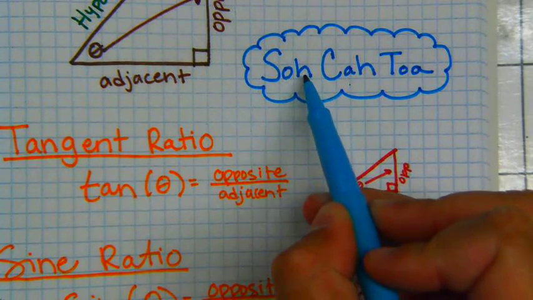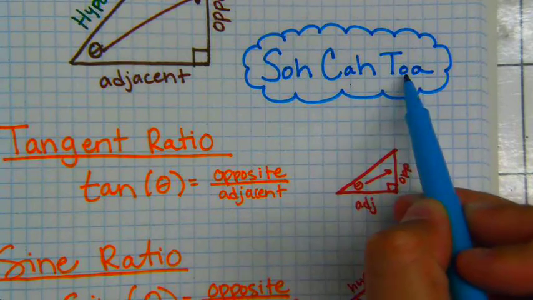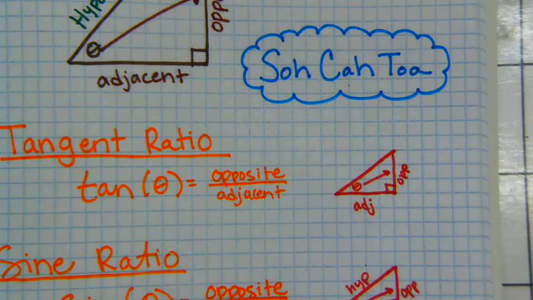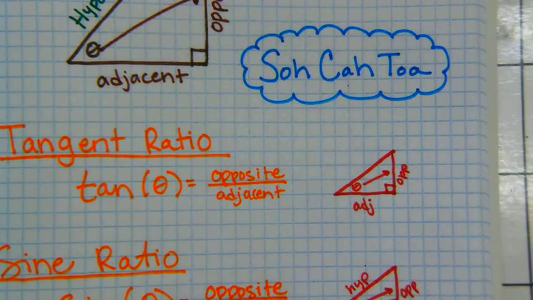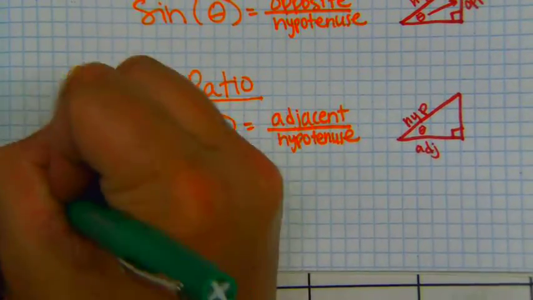Sine is opposite hypotenuse. Cosine is adjacent hypotenuse. Tangent is opposite adjacent. Okay, so SOHCAHTOA is just an easy way to help remembering which one to use. Okay. So I want you to do these 3 examples.